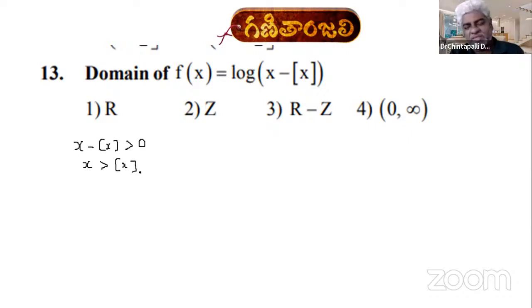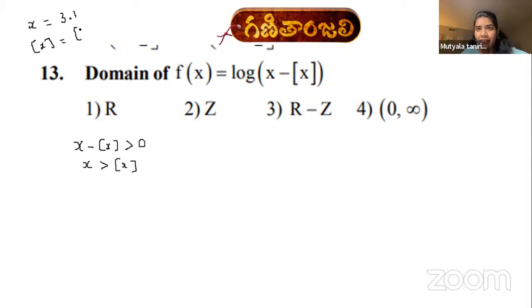Can you tell the values of x? For example, if we take x is equal to 3.1, what is step x? 3, sir. Step x is equal to step of 3.1.